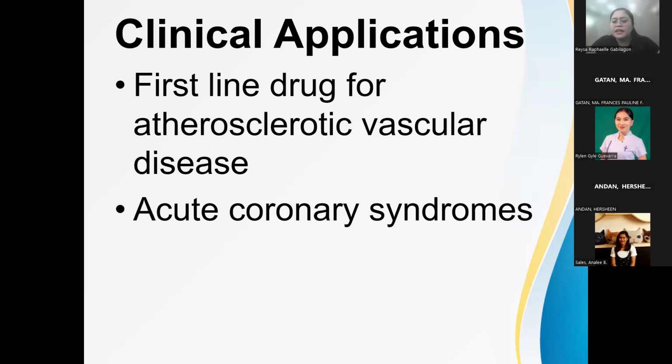Okay? They are given to patients at risk or those who already have atherosclerosis and its clinical sequelae. Once you have an atherosclerotic plaque, you can develop other conditions like acute coronary syndromes, part of which are angina, arrhythmia, and even heart failure.